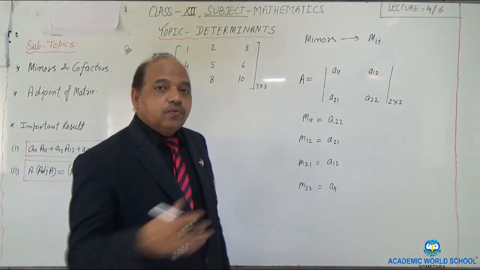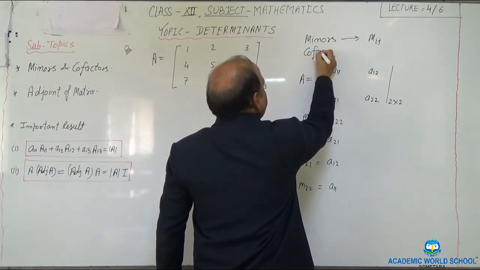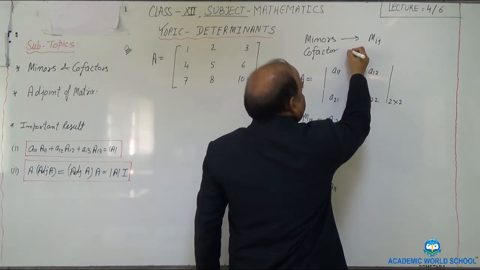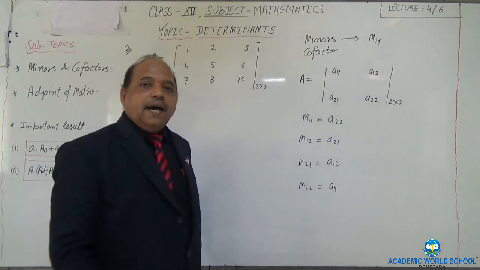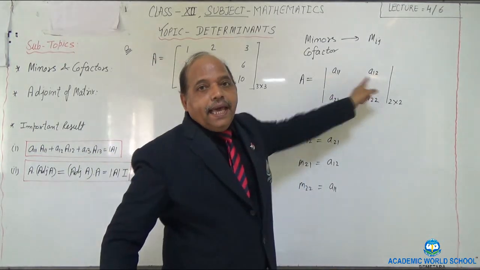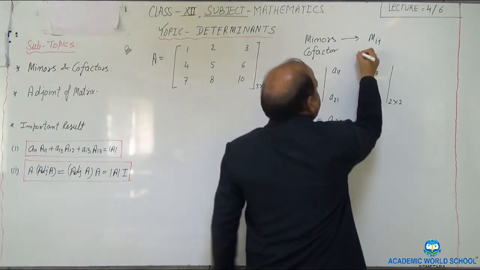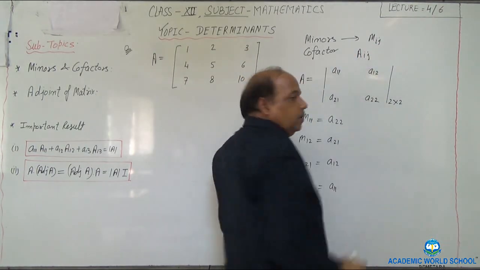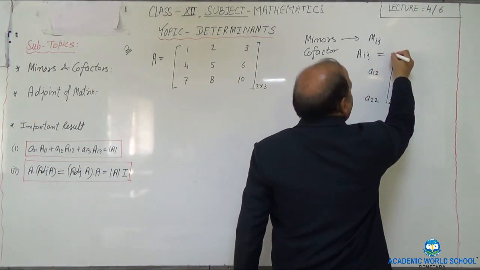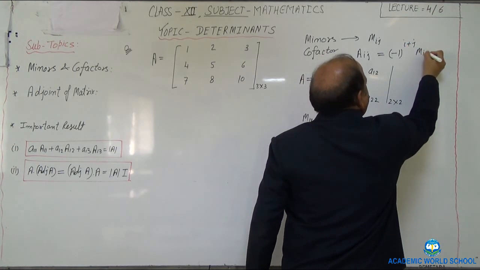How to calculate cofactors? Normally cofactors are represented by capital letter corresponding to the elements. So cofactor of this will be Aij. What is cofactor? Aij is equal to minus 1 to the power i plus j Mij.